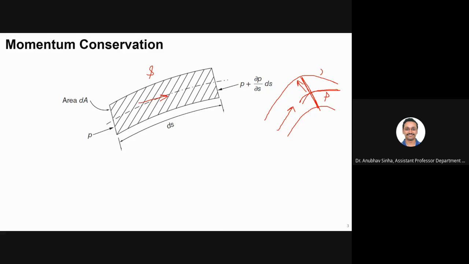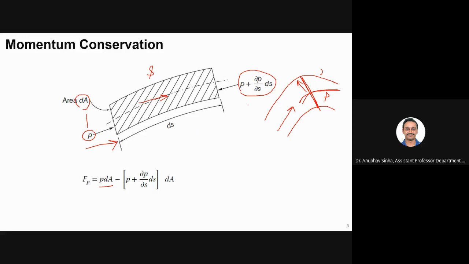Now let us look at the pressure balance or force balance. The area is dA and we are applying pressure P here. Let us assume that the area remains dA. So the force applied from the left side will be P into dA. Now from the right side, what is the force?